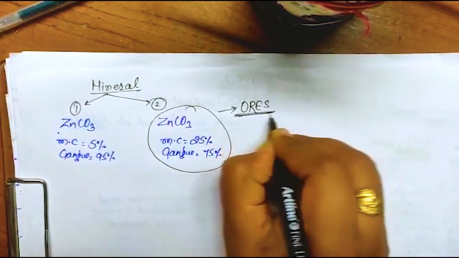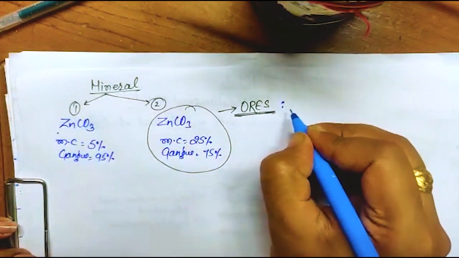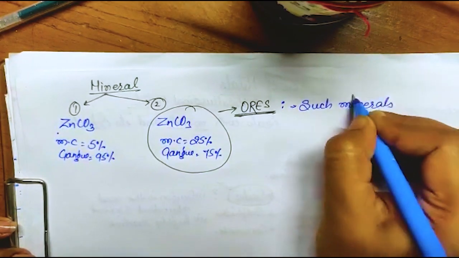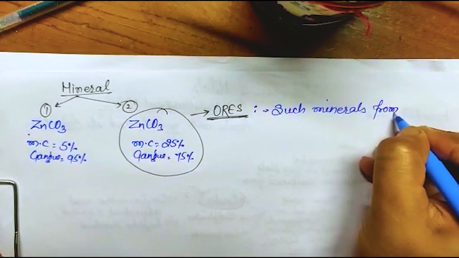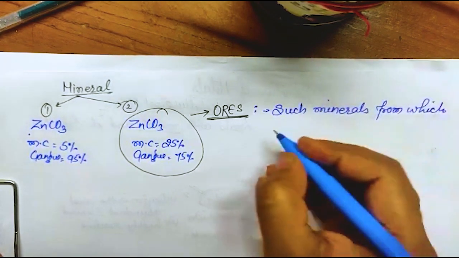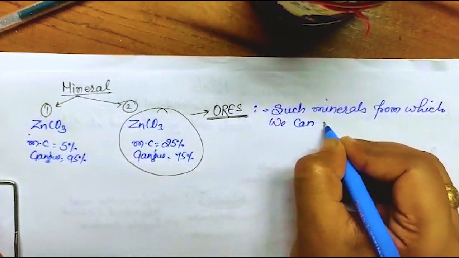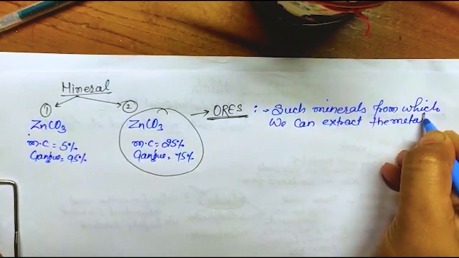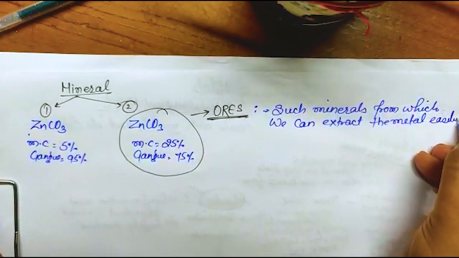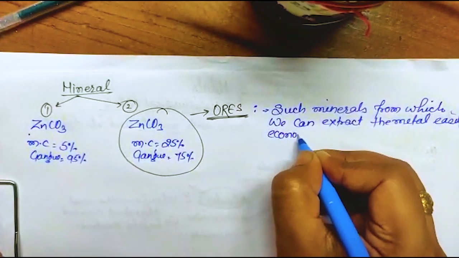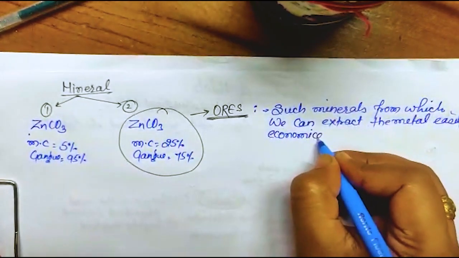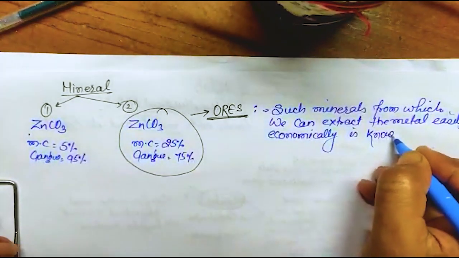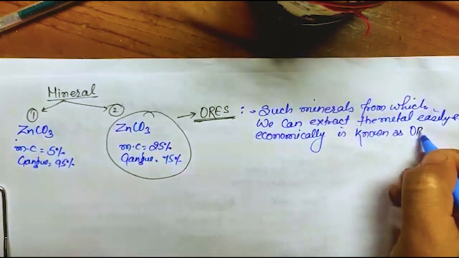They are called ores. So how can you define it? Such minerals from which we can extract the metal easily and economically, that means profitably, are known as ores.